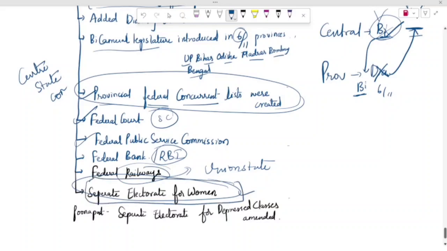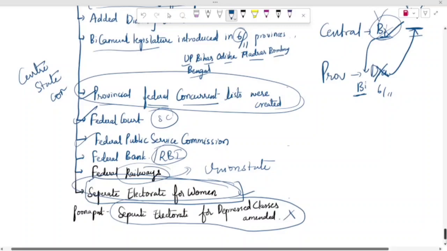And there was the Poona Pact. They tried to bring a separate electorate for depressed classes also, but due to the Poona Pact between Gandhi and Ambedkar, this separate electorate for depressed classes was amended.